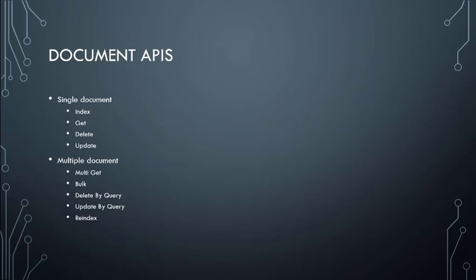Index is used to index a new document, that is, to insert a new document into our Elasticsearch index. Get is used to retrieve a document.